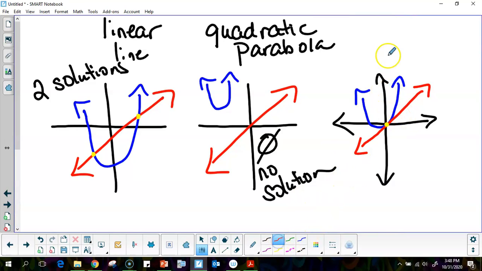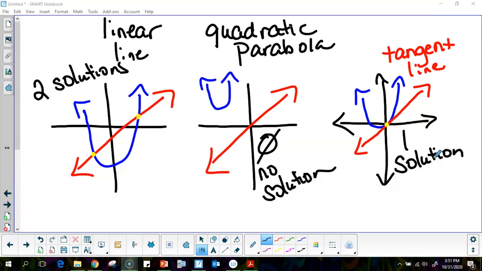I'm going to write that. You don't have to remember that word. You will need to know it for Math 3. So this is a tangent line because it touches that parabola at 1 point. So this situation would have one solution.